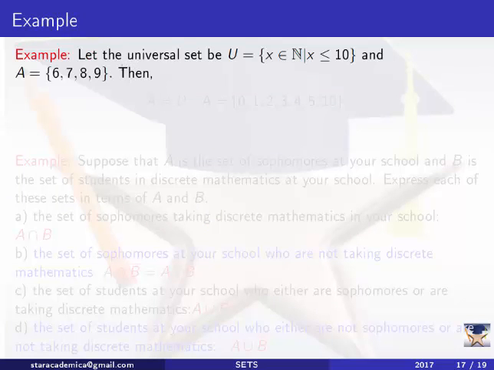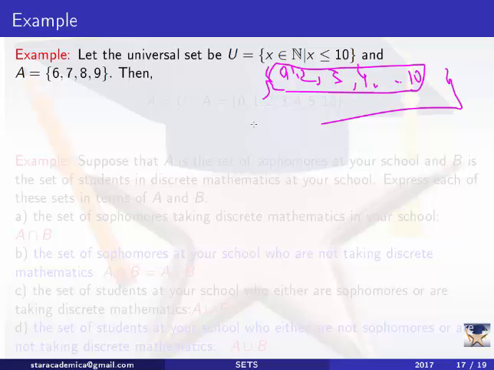Let's look at an example. Let the universal set U be the set of x, natural numbers. Natural numbers start from 0, right? 1, 2, 3, 4, goes like this up to infinity. But the set U is x less than or equal to 10, so including 10, the set U is this set.